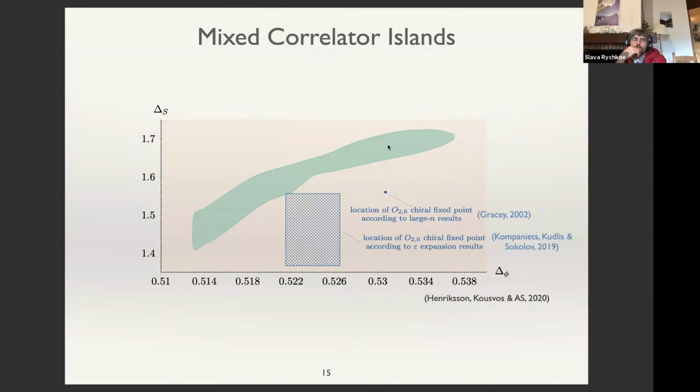Do you see, for example, we know on theoretical grounds that when the fixed points collide and disappear, you expect that the second singlet operator, S prime, let's call it, should become marginal or nearly marginal. Do you see any signs of that? Yeah, one problem is, of course, that we have such a large island here. It's kind of hard to look for that.